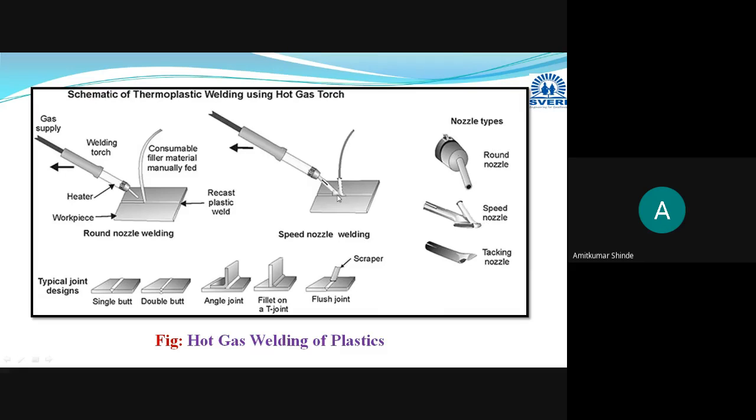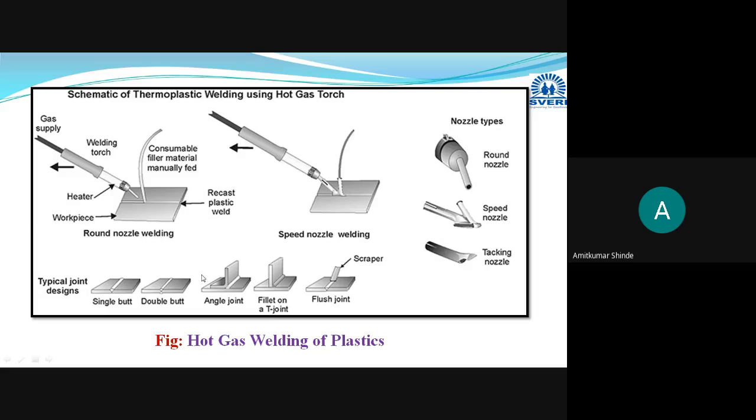Due to the hot gases, the parent material will be softened or melted along with the filler rod, and it will fill this gap, and pressure is applied simultaneously. Pressure is applied by the operator with the help of the welding rod and the nozzle. And this joint or weld will be obtained.